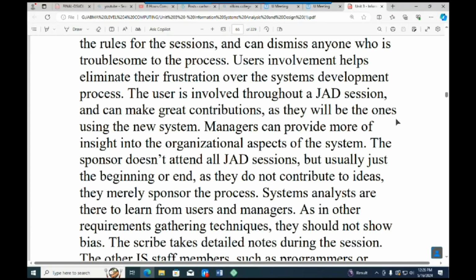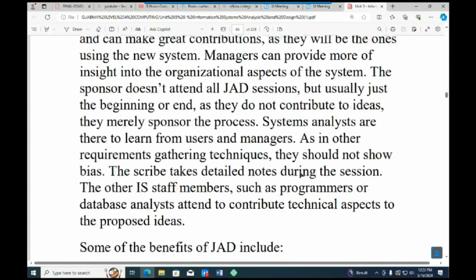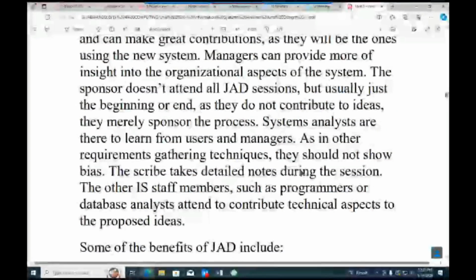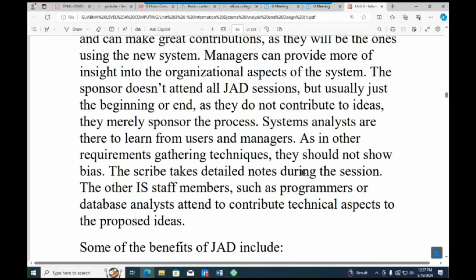But when it comes to the entire development process, they don't contribute any ideas. They are just the main sponsors. So we have system analysts in the JAD, and they are there to learn from the users and also to learn from the managers.